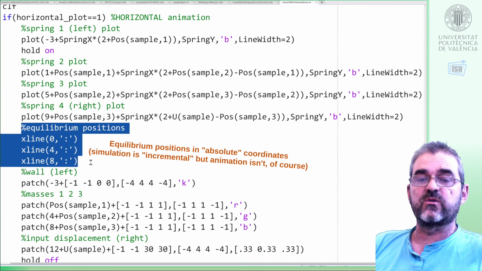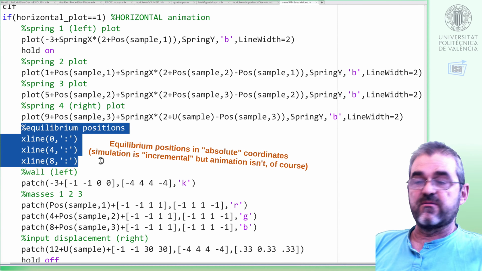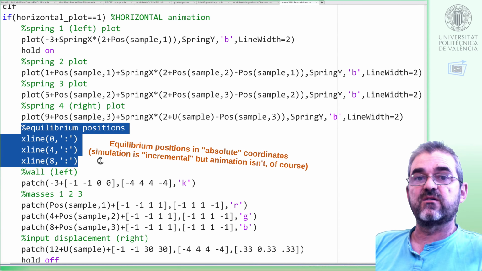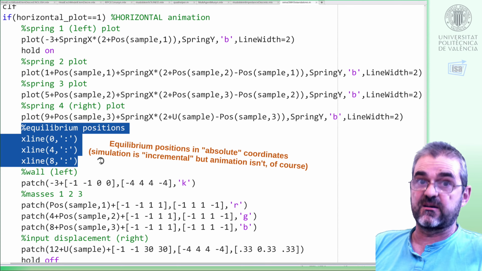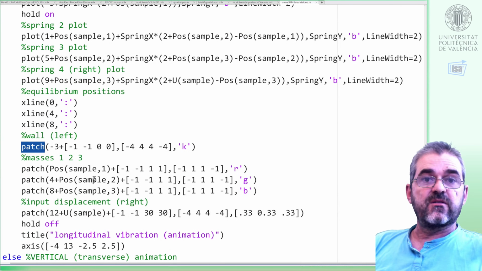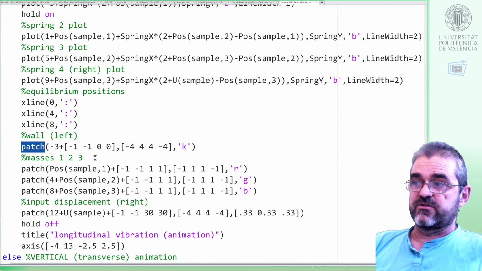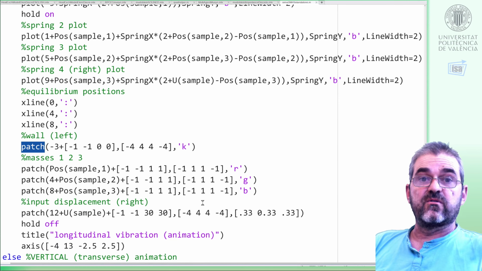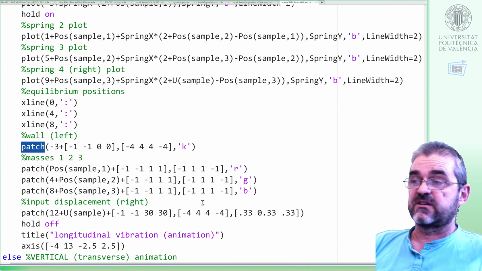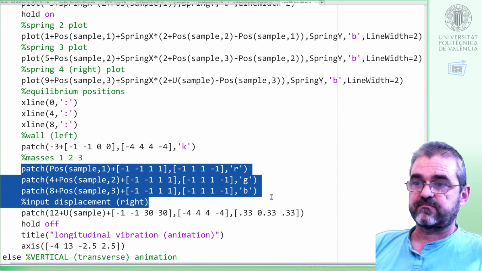In my animation, I will draw a vertical line to pinpoint these equilibrium positions, which are the origin of the coordinate system in incremental units. Then the patch command draws a polygon with a given color, and I will use this patch command to draw the left and right walls as well as the 3 masses.